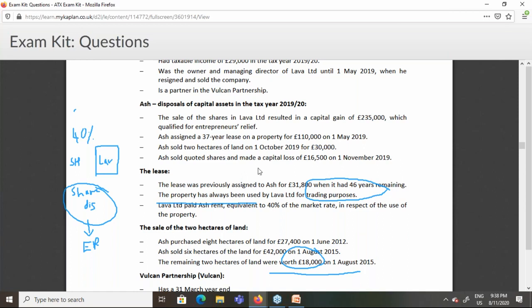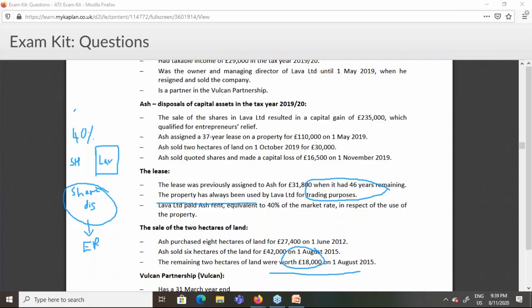As I mentioned previously, entrepreneur's relief is normally not available when you sell an individual asset. However, if it falls within the category of associated disposal, then you will be able to claim entrepreneur's relief even on that single asset disposal.